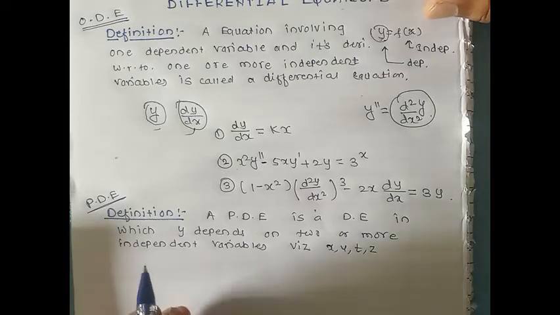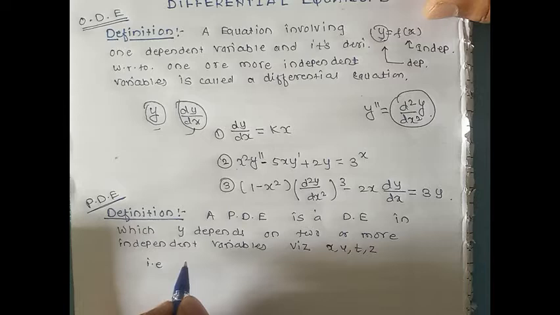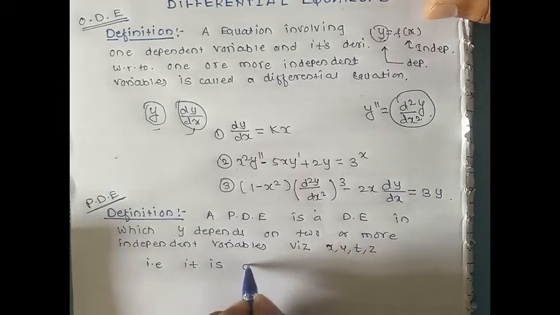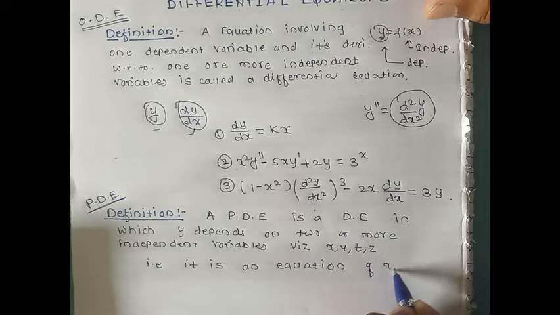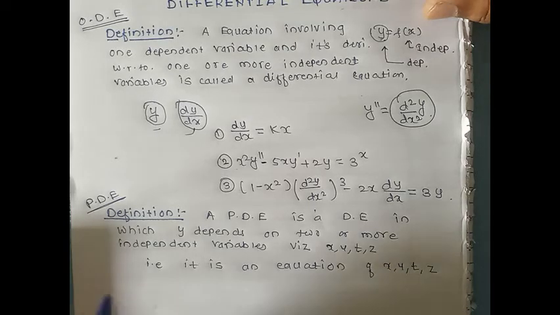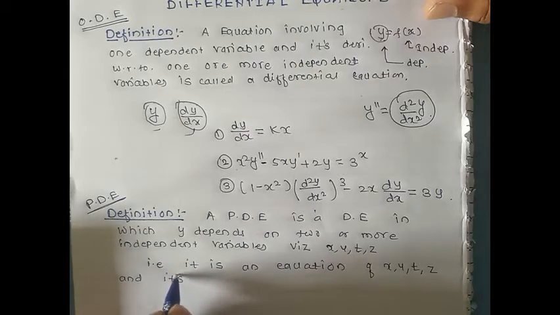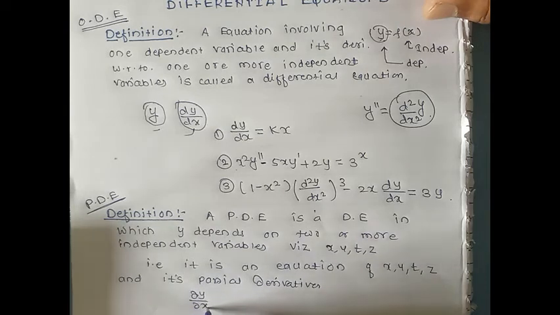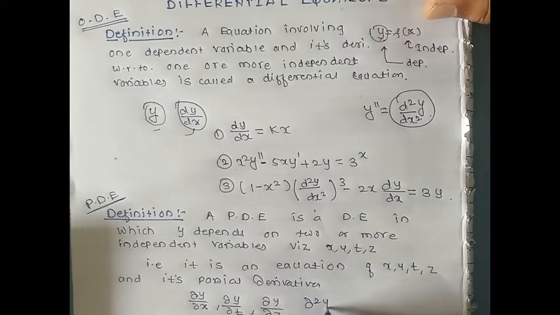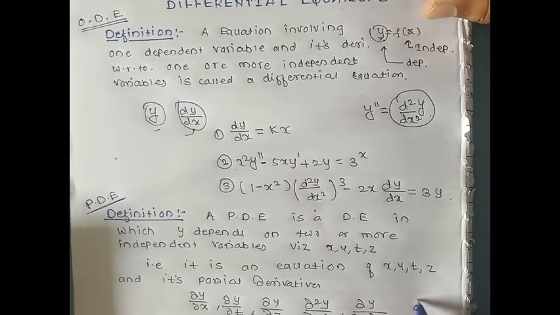That is, it is an equation of x, t, z and its partial derivatives like dou y by dou x, dou y by dou t, dou y by dou z, dou 2y by dou x square, dou y by dou x dou t, dou y by dou t dou z, like this.